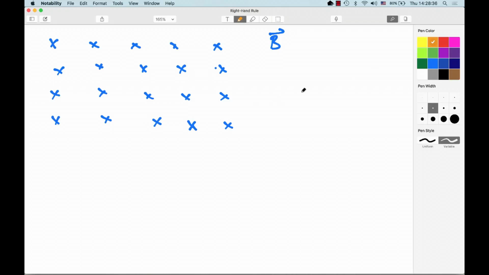Okay, so now let's say we have a positively charged particle, and it is moving to the right at some velocity v. Now before we can find the direction of the magnetic force on this, the first thing we have to do is figure out for our proton here what q times v will be.